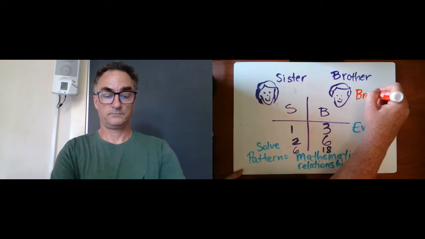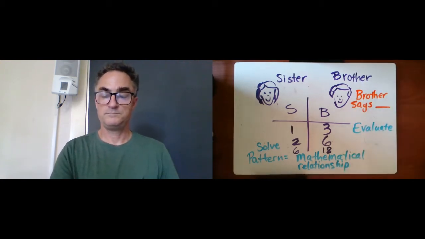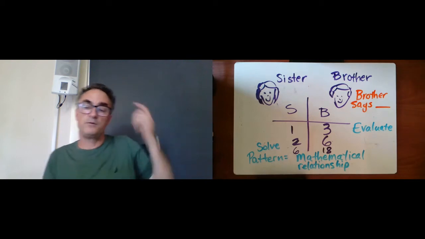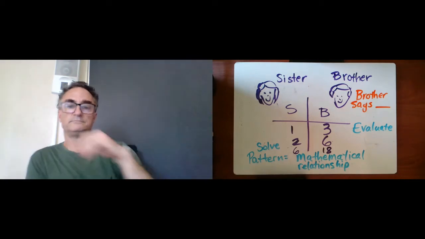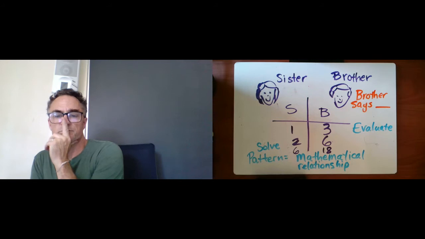Brother says, blank. How do we complete that? We're looking at orange. So we're looking for a rule to put inside that blank, or the pattern that we see.